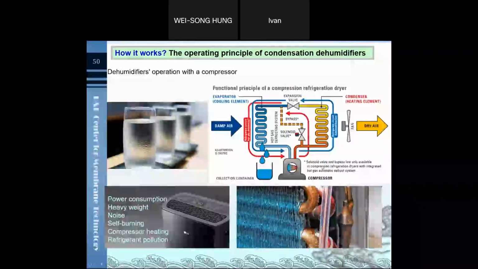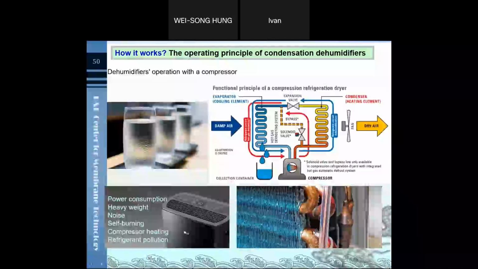Here we also introduce the potential opportunity of concentration dehumidification by using graphene oxide membranes. The idea of dehumidification is to use low temperature to condense water.